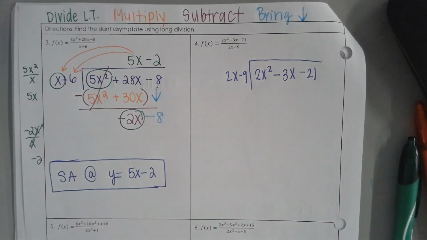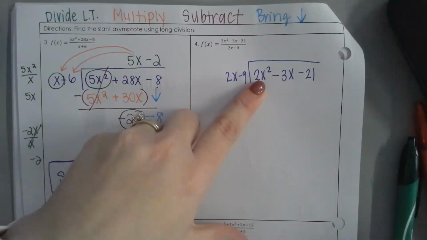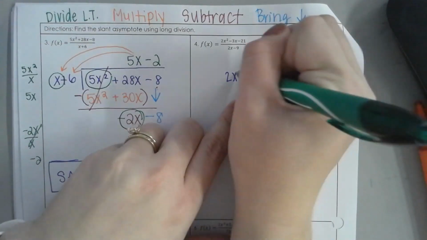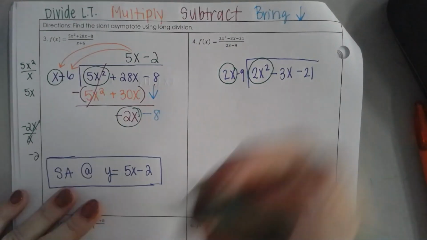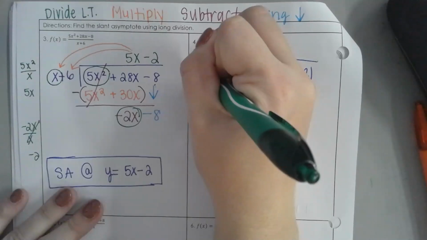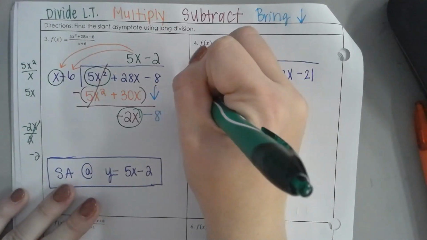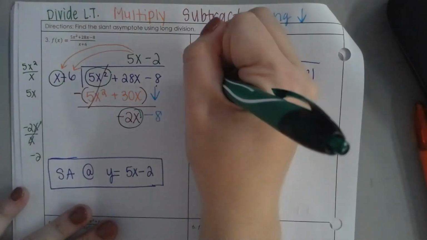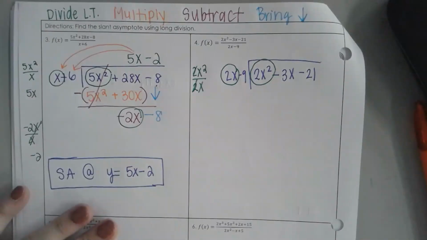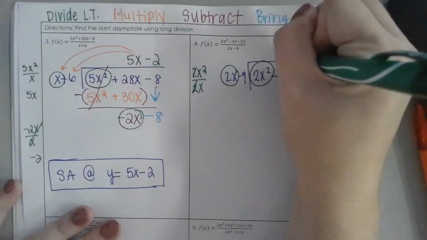We take the leading term, which is 2x squared, and we're going to divide it by the leading term on the outside. So if we write 2x squared, I'm dividing that by 2x. So the 2's cancel, and then one of the x's cancel, leaving you with x.